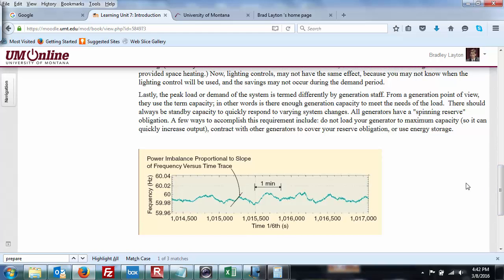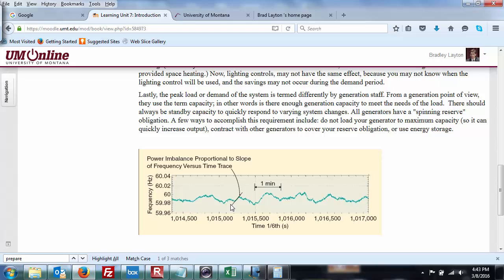Right, so it looks like this guy got a little bit steeper than the other ones. This one seems to be 1 minute, time 1/6 of a second. Frequency. Oh, I see. So the frequency is running just below 60.